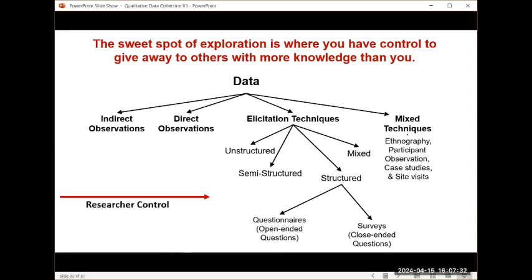All right, so we talked about already researcher control from the left to right. So I don't have very much control on that. So I want to be on the right-hand side of this mode if I'm really exploring. I don't want to be too far over because I need to be able to explore. So if everything is totally structured, like in a survey, then that's not going to help me very much. So I got to be in this space here in the middle.